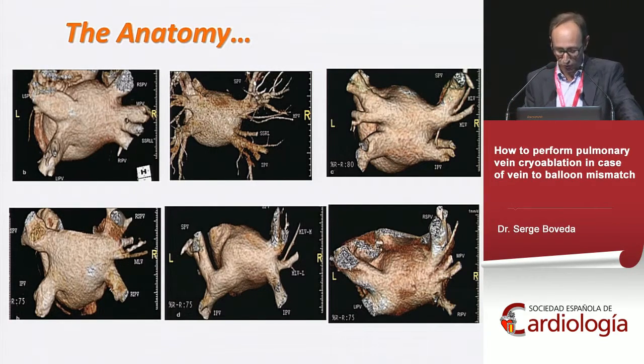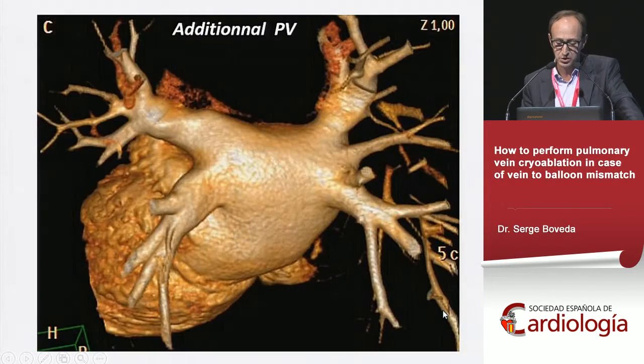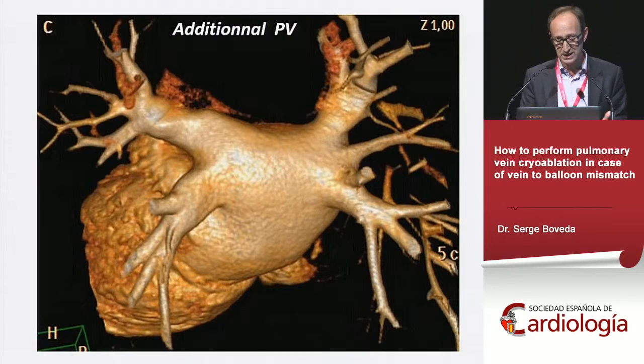So we will speak, of course, about difficult anatomies. I agree with you, and we sometimes face difficult situations, like here, for example, a very low common trunk, or additional veins. But the solution is quite obvious, in fact. When you have, for example, a right additional vein like here, in the middle, what happens?